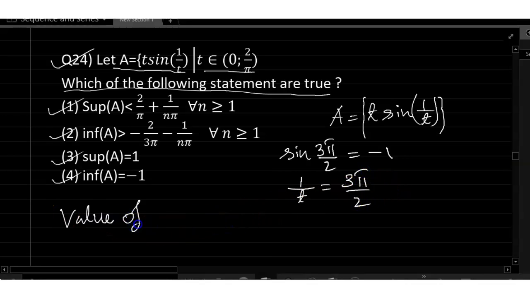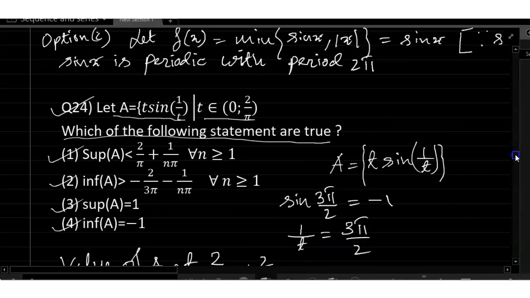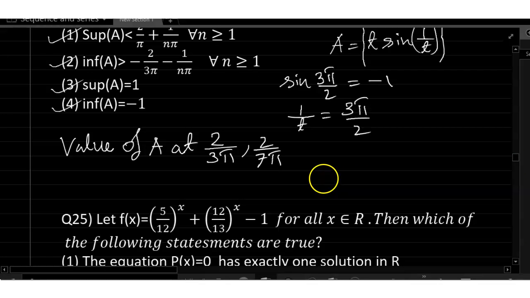So the value of A at 2/(3 pi) and 2/(7 pi), that is minus 2/(3 pi), minus 2/(7 pi), minus 2/(n pi).